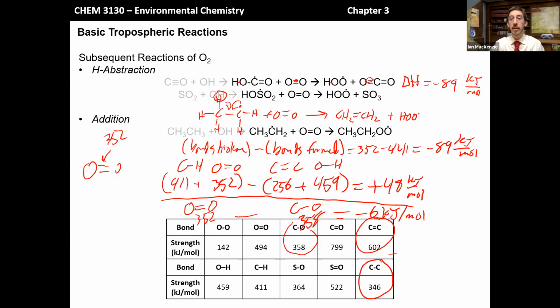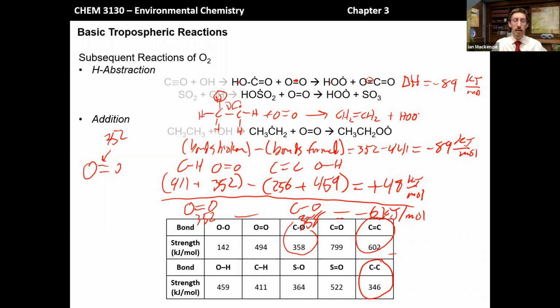The difference between these two has to do with the fact that we're forming a carbon-oxygen double bond, versus here, if I did abstraction, I was forming a carbon-carbon double bond. And if you look down on the table, the carbon-oxygen double bond is stronger than the carbon-carbon double bond. So it's more favorable in the top case, where I would form a carbon-oxygen double bond, to do abstraction. Whereas when I'm only forming a carbon-carbon double bond, it might be more favorable to do addition, as it is in this case.